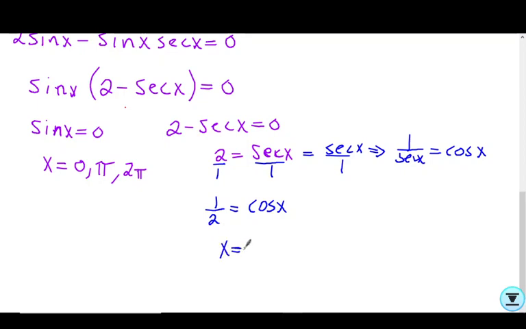Well, we go to our first quadrant. In the first quadrant, cosine is 1/2 at pi over 3. So that's my reference angle, pi over 3. But it's also positive 1/2 in the fourth quadrant. And the angle in the fourth quadrant, with reference angle pi over 3, is 5 pi over 3. So those are my 2 solutions for that one. And those are my 5 solutions.